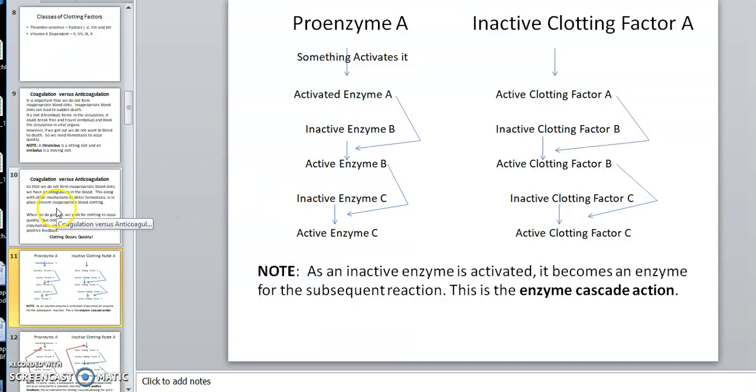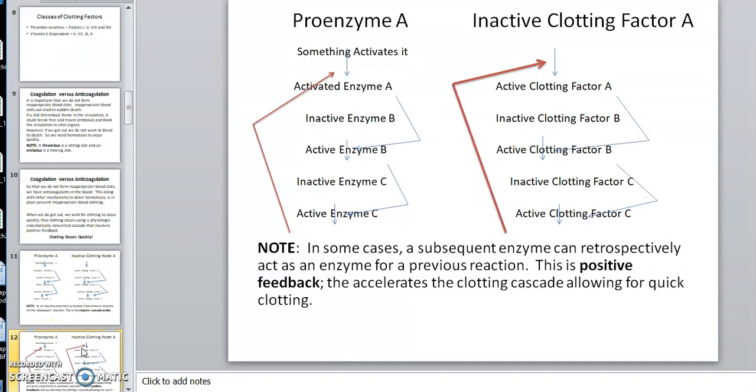Now, we said we want it to happen quickly. So we need positive feedback. Let's take the assumption that active clotting factor C, or enzyme C, can come in and act as an enzyme retrospectively on A. Once you form this, you still have this going. That would enhance the effect. That would give a tremendous positive feedback, so you would develop these clotting factors very quickly. So that's the generic.